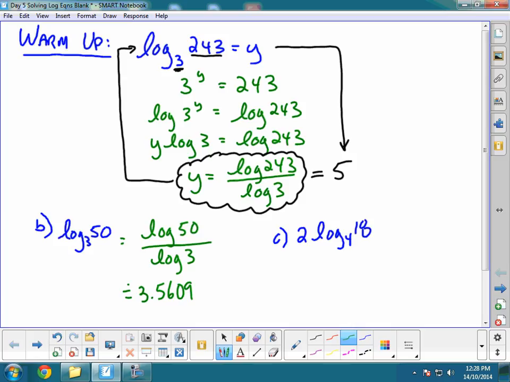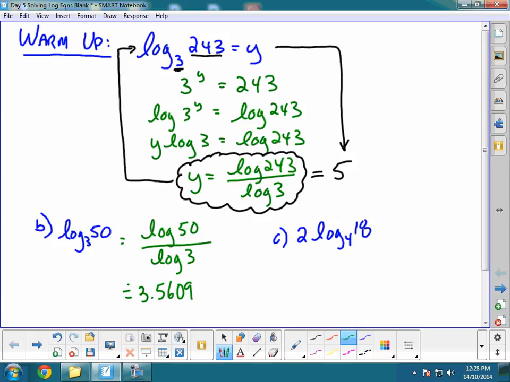And that'll get us a 50, or at least pretty close to 50 if we round. So this is a way to calculate logarithms other than the common log base 10.